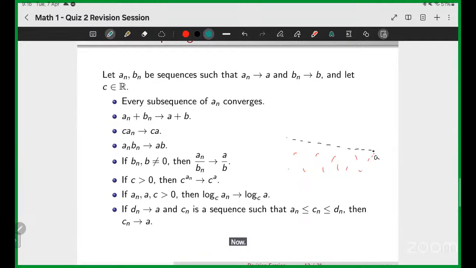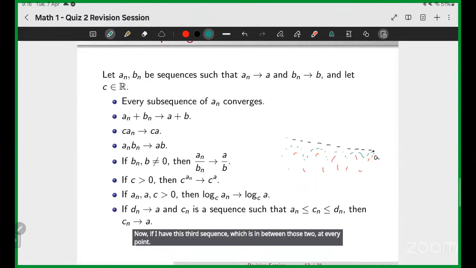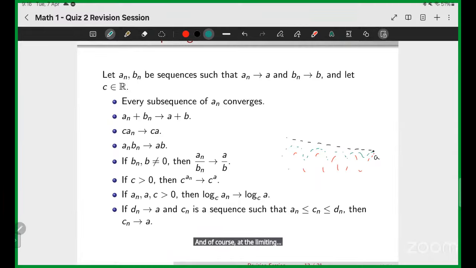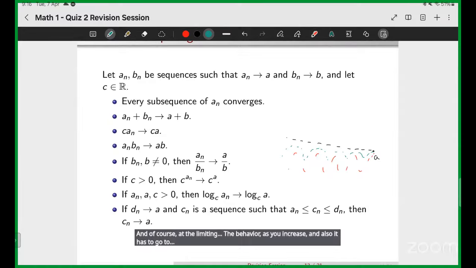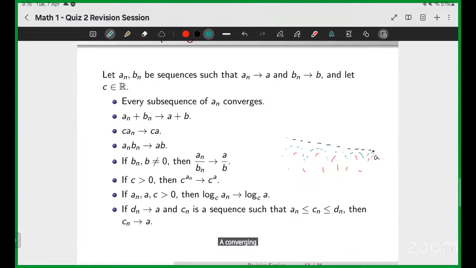Now, if I have this third sequence, which is in between those two at every point, then of course in the limiting behavior as you increase n, it also has to go to something in between the limits of the two sequences. But the limits of the two sequences are the same. So this also should be a convergent sequence, and the limit happens to be the common limit.